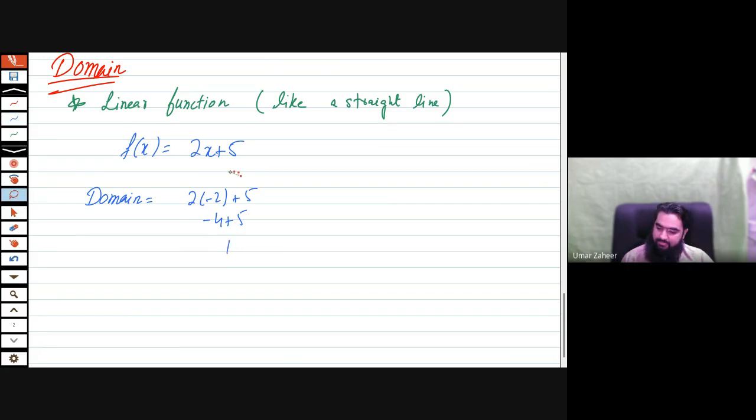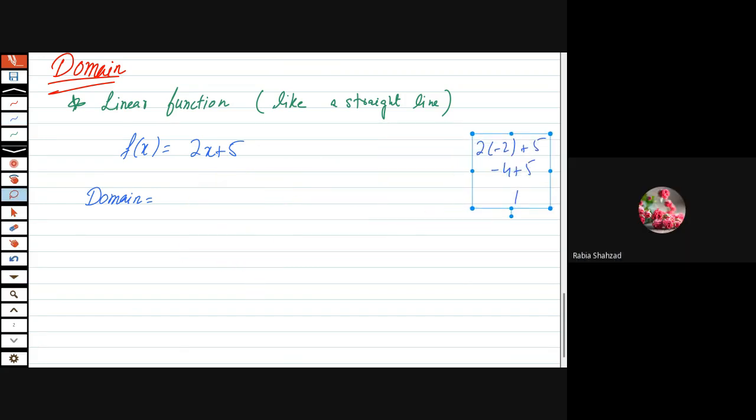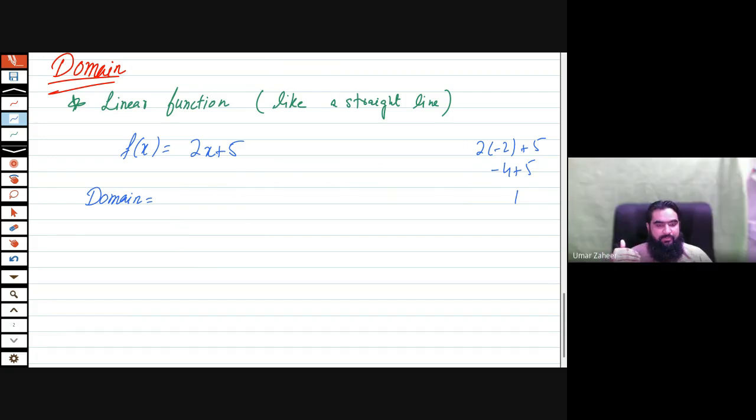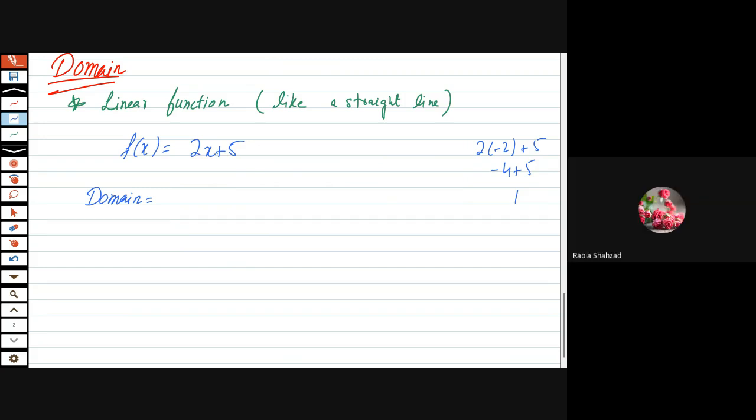It is simplified as well. I'm just asking you, is there any value that you cannot substitute? Is there any value that you can substitute? 0?